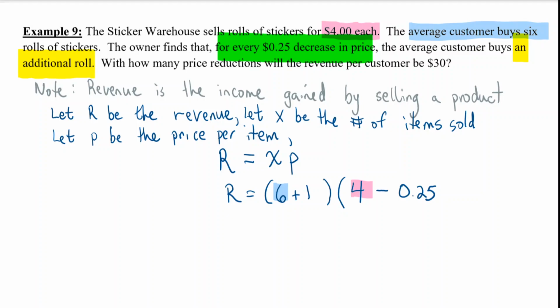And what I want to do is set one more variable. This next variable is going to be the number of decreases in price, n.